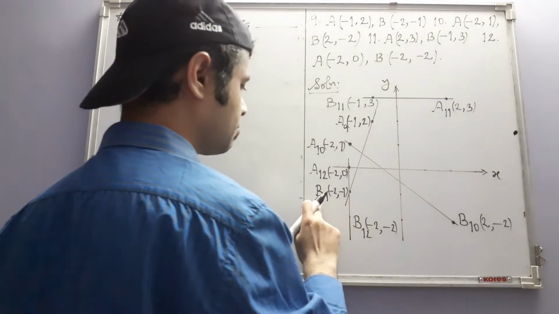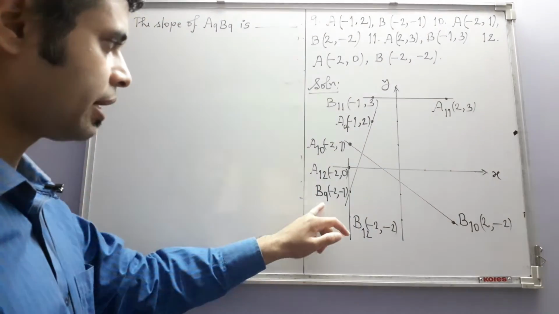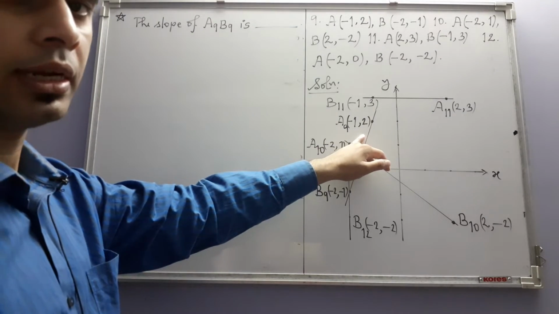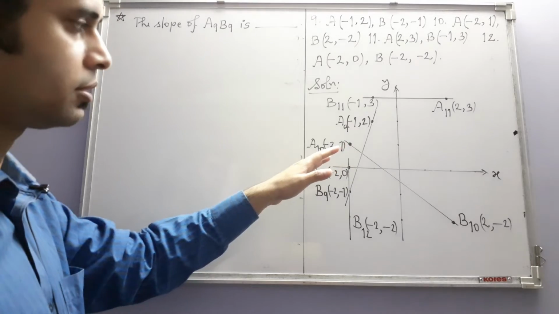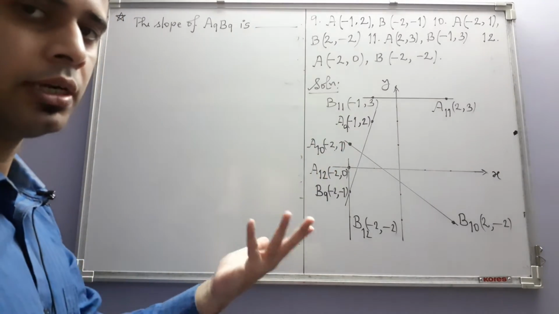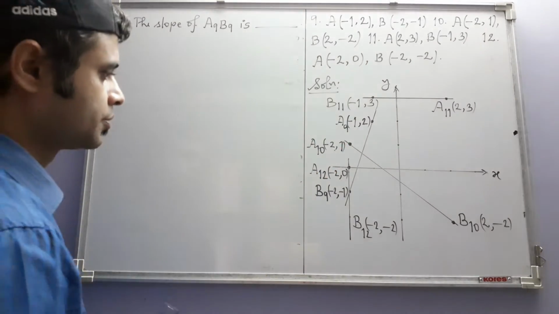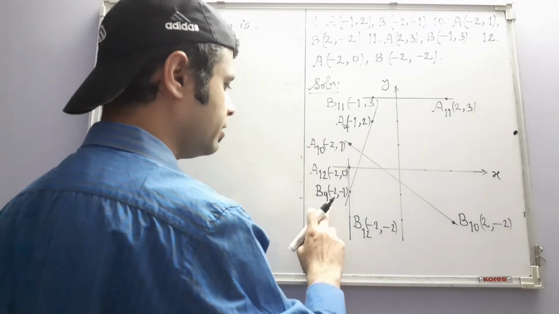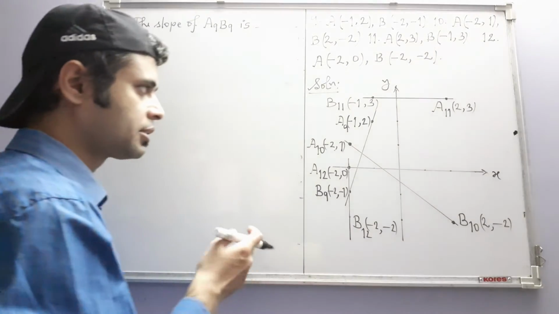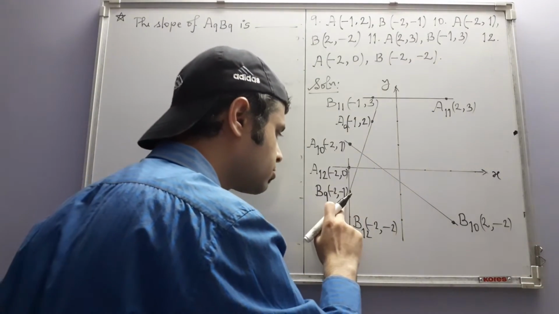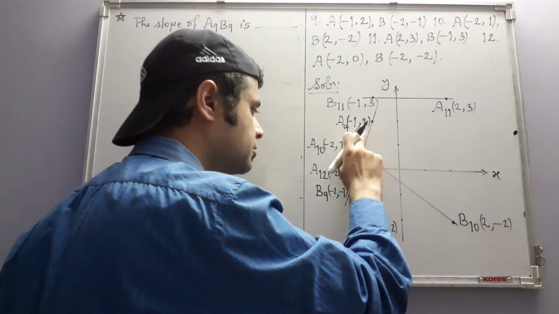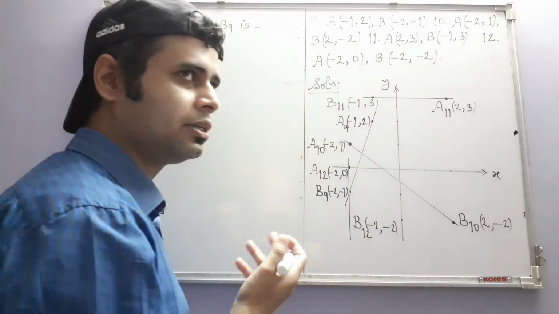So let's subtract the coordinates of B9 from the coordinates of A9. It does not matter which way we do the subtraction, the ratio will ultimately have the same value. But we have to be consistent in what coordinates we are subtracting from what coordinates.